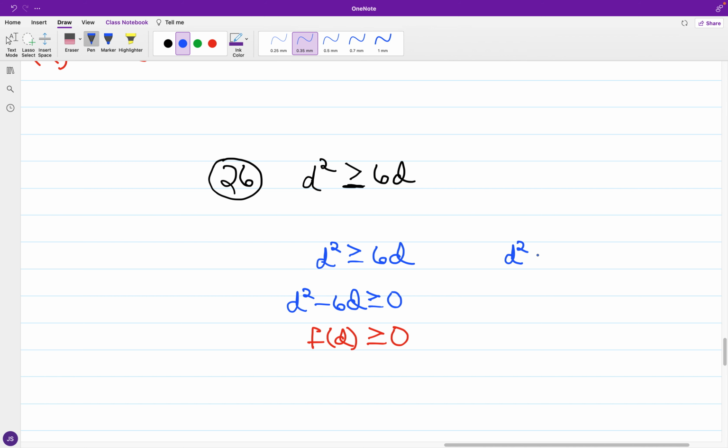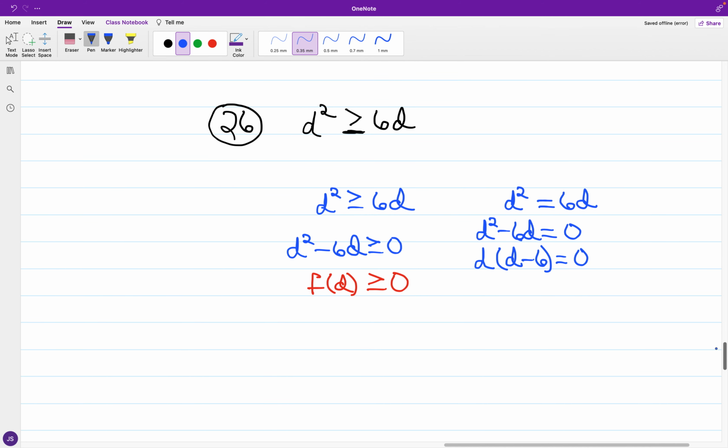So if I have d squared is equal to 6d, now rewrite this as a quadratic equation in standard form: d squared minus 6d is equal to 0, and here I can factor, d times the quantity of d minus 6 is equal to 0.